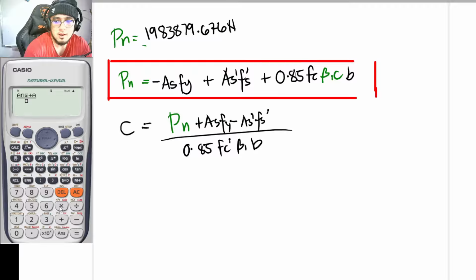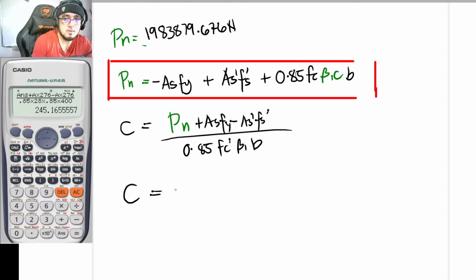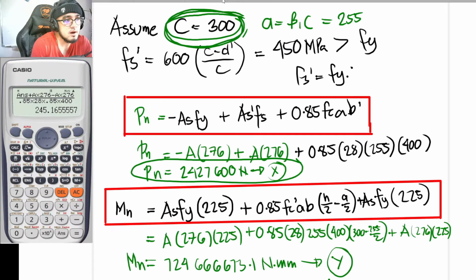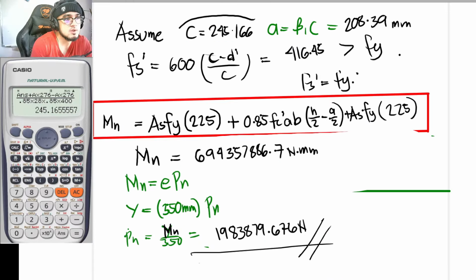So A times 276 minus A times 276 divided by 0.85 times 28 times beta 1, that is 0.85 times B, which is 400. So our answer here is C equal to 245.166 millimeters. So our value for C here is the same as our assumption.